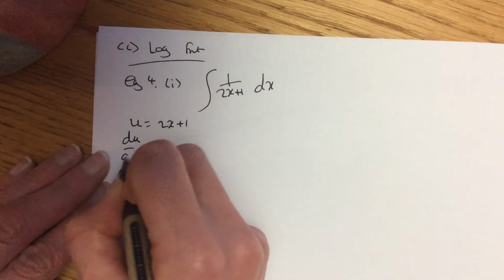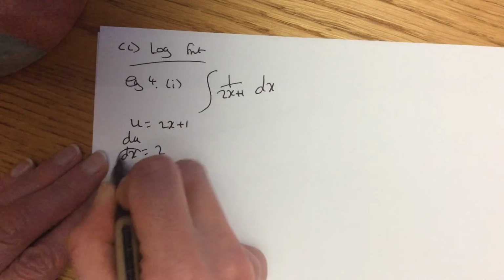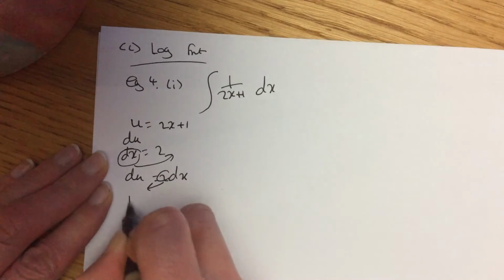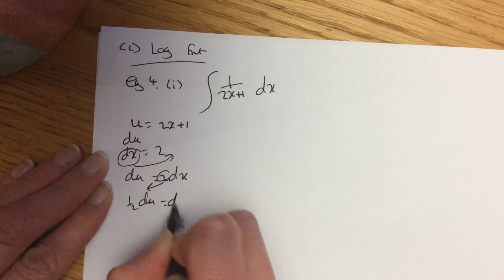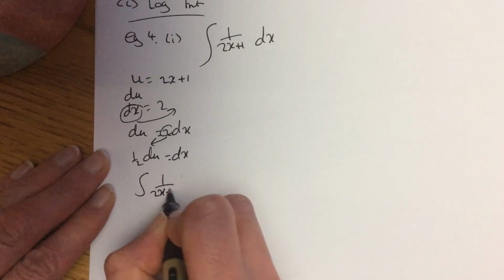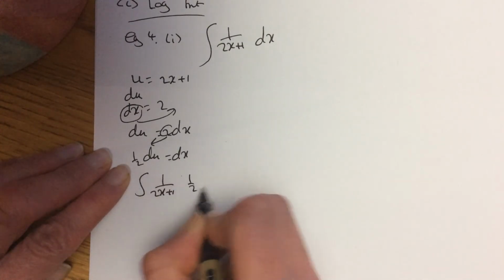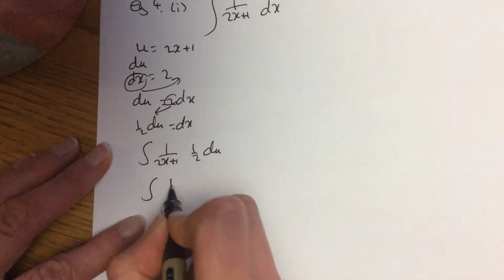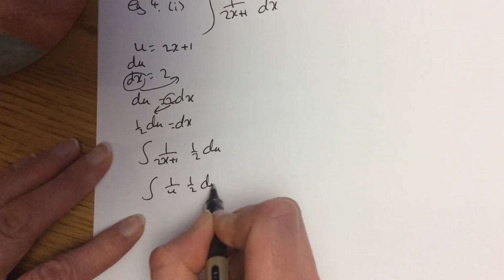I need to do du by dx, differentiate that, rearrange it to get dx on its own. So it's a half du equals dx. So rewrite your integral as 1 over 2x add 1. Your dx is a half du. Remember, this is now u. So it's 1 over u times 1 over 2.